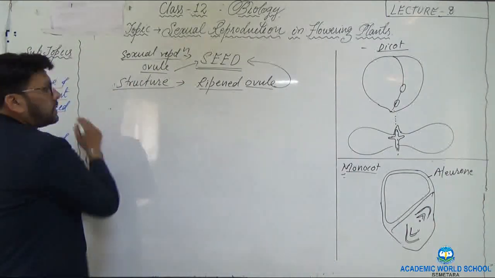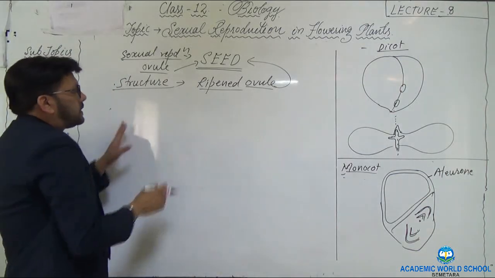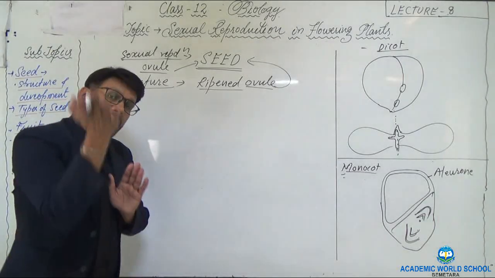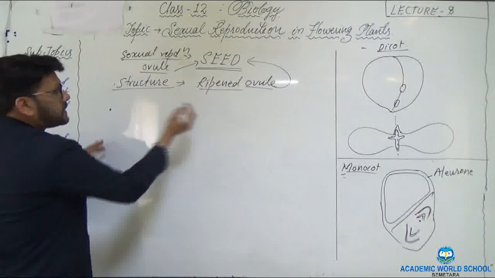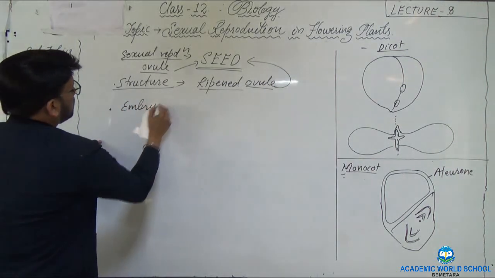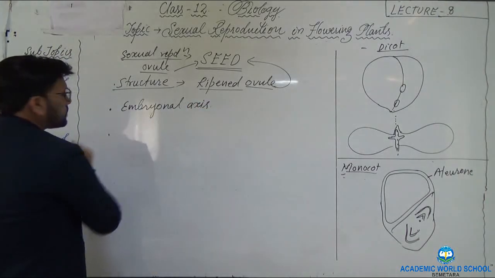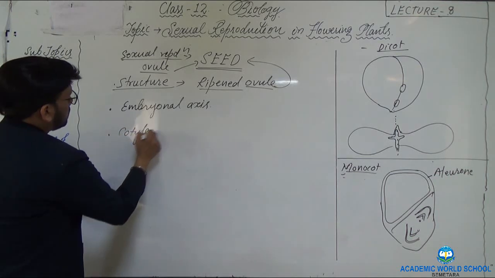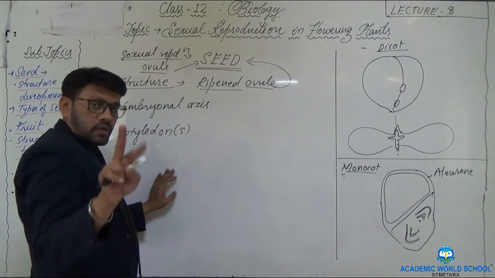If we see the structure of any seed, basically these seeds have different parts, the parts that we have seen in the mature embryo. So every seed has the embryonal axis. Yes, they have the cotyledon. If it is dicot, there will be 2.